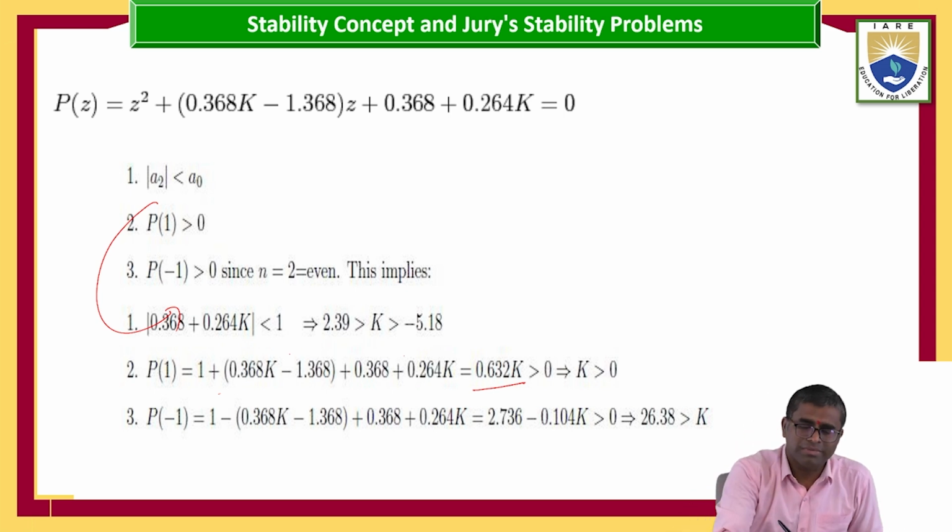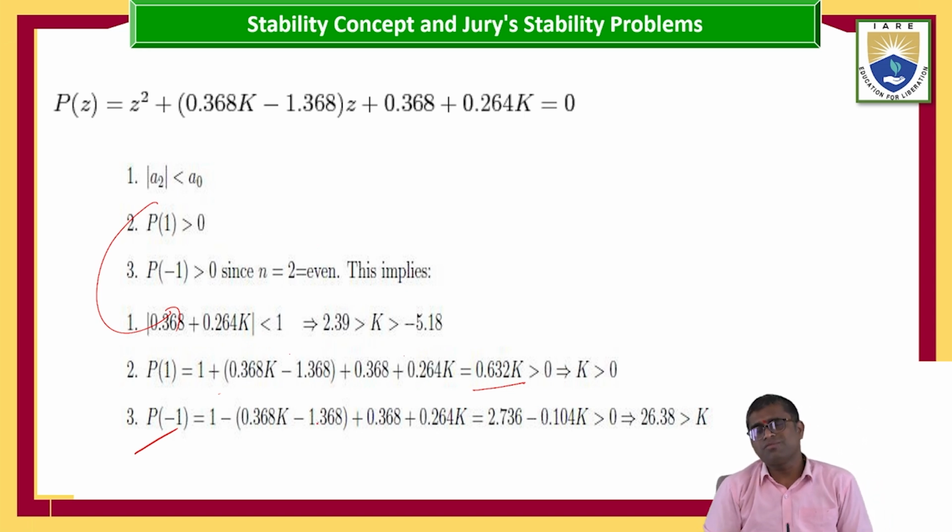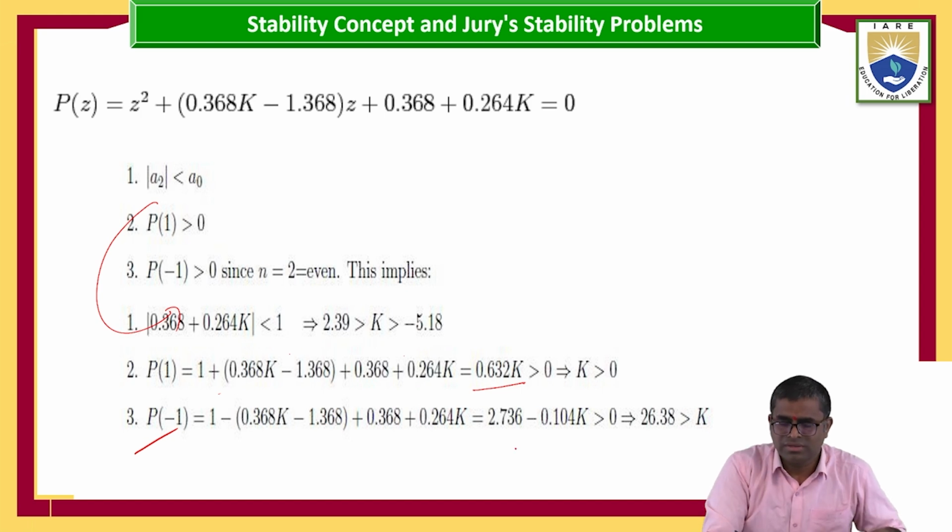Next, coming for this one, P of z equal to minus 1. Substitute z equal to minus 1. When we substitute, this is coming as 1 minus 0.368k plus minus 1.368 into P of minus 1. So we got these values.